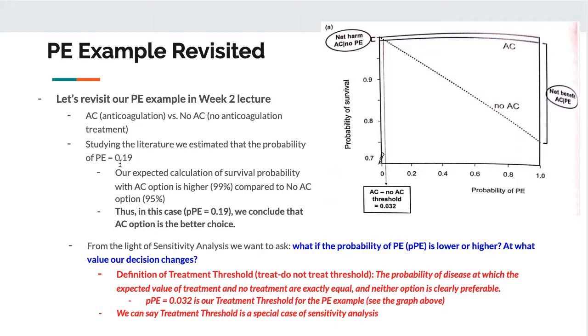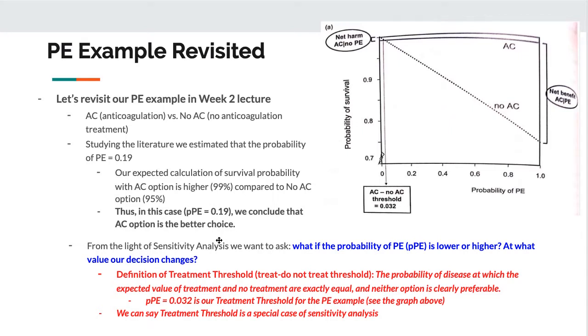In our example in lecture 2, we used a probability of PE of 0.19. Using that parameter, we calculated the expected value of survival probability of the AC option as 0.99 or 99%, compared to the no AC option at 0.95 or 95% survival. Based on that assumption, P equals 0.19, we conclude that the AC option is the better choice here.